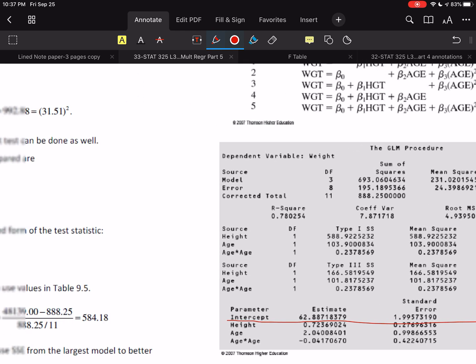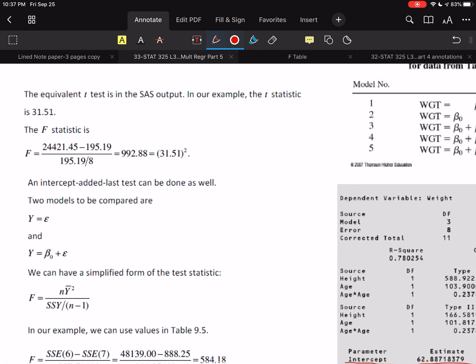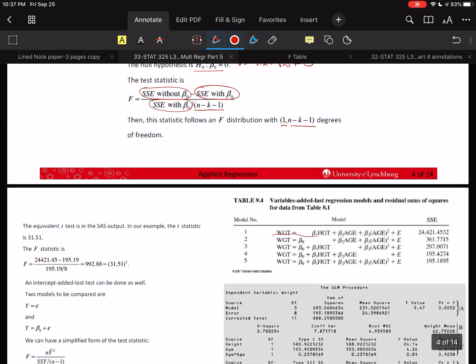Now, for the F statistic that we're talking about, we take the SSE without the intercept in the full model, that's here, and we subtract the SSE with beta naught in the full model down here. And then remember that this is really an MSE, so we divide by 1, but that gives you the same thing.